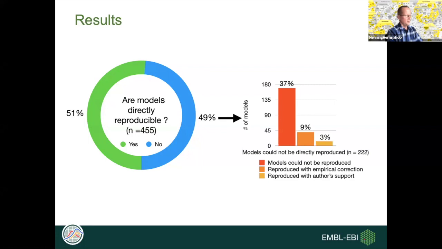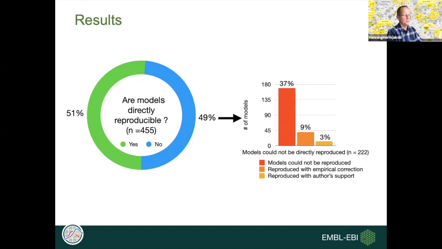But as I mentioned, we then continued to try, and among the 49% of models which failed reproducibility in a first round, we could then still, with empirical correction, so basically curator expertise and trial and error, rescue another 9%.